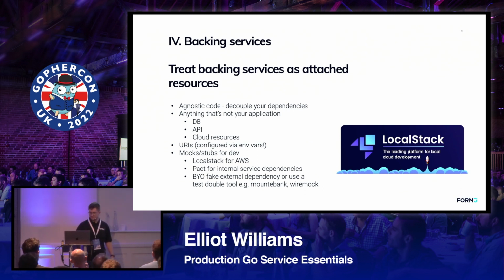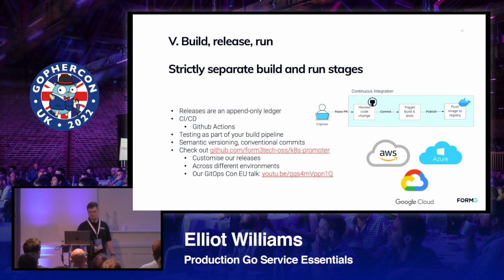All right, cool. The next stage, the build, release, run stage, and I think this might be the most outdated of the 12 factors, or at least the examples that they use on the website. I think the methodology is still good, that you separate your build and test and your run stages.